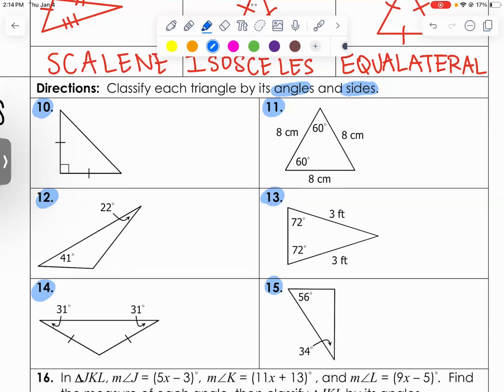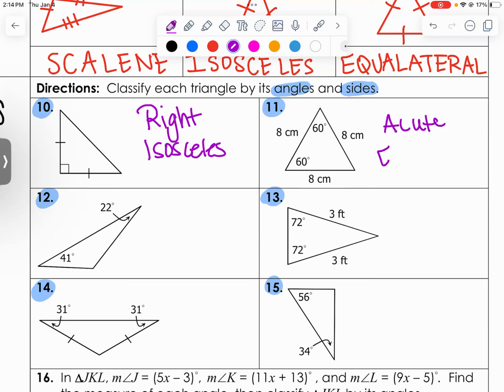Okay, Zayden, what is number 10? Right. Awesome. Reese, number 11. Acute equilateral.